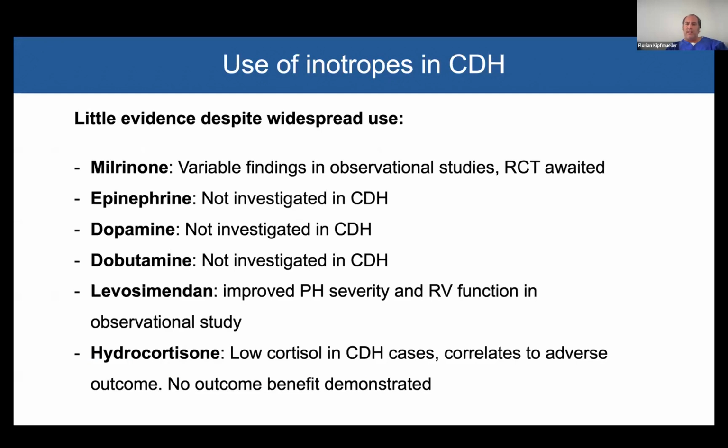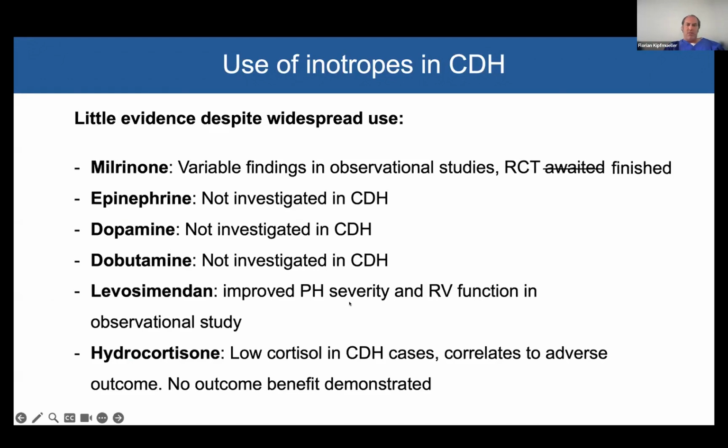Milrinone, there has not been much data until, I think, 2 or 3 days ago, when the first results were presented at the last PAS meeting, and milrinone might improve the oxygenation in some babies. So we are getting increasing data in the next couple of months or years.